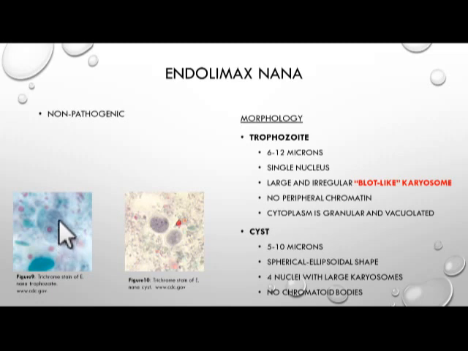So maybe a couple of vacuoles here and here seen. And on the right, we have a cyst stage of Endolimax nana, which measures 5 to 10 microns. It has a spherical ellipsoid shape with 4 nuclei and large karyosomes. It also has no chromatid bodies.